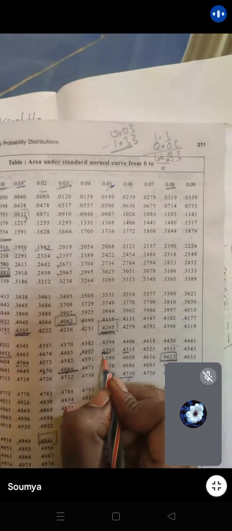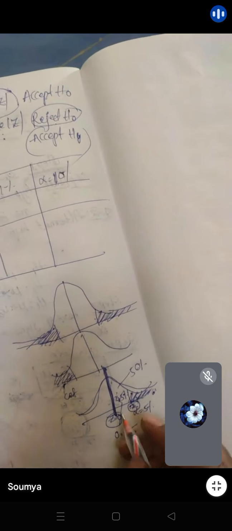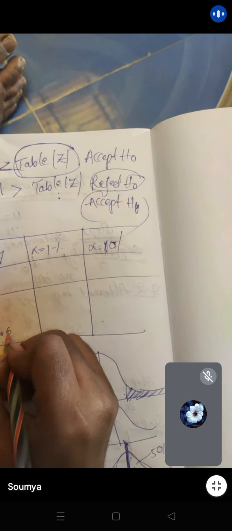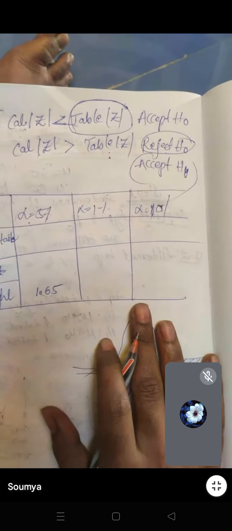Did you forget how I am taking Z? 0.45 means you have to look at here 1.6, next here 5. 1.65 is the Z value. So for the right tail, what I am getting is 1.65.